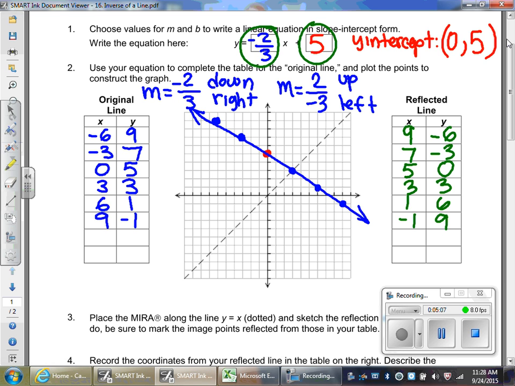So I will have positive 9, -6, positive 7, -3, 5, 0, 3, 3, 1, positive 6, and -1, positive 9.